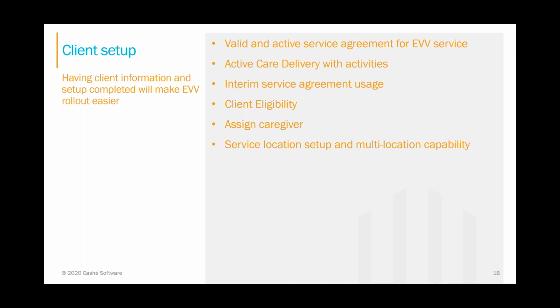So if care is normally provided at the client's home, maybe he also spends some time at grandma's house, or you start visits at the gym. These locations can also be added, so the caregiver when clocking in can select the location they're providing service, and the geofence radius will start at that location then.